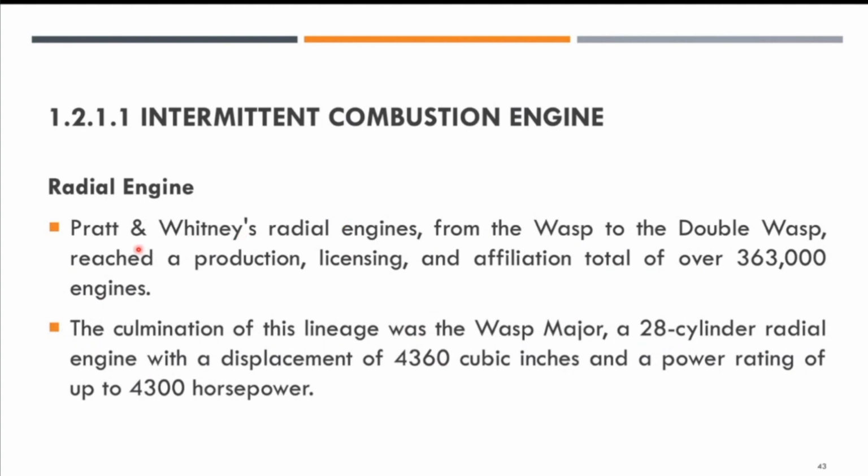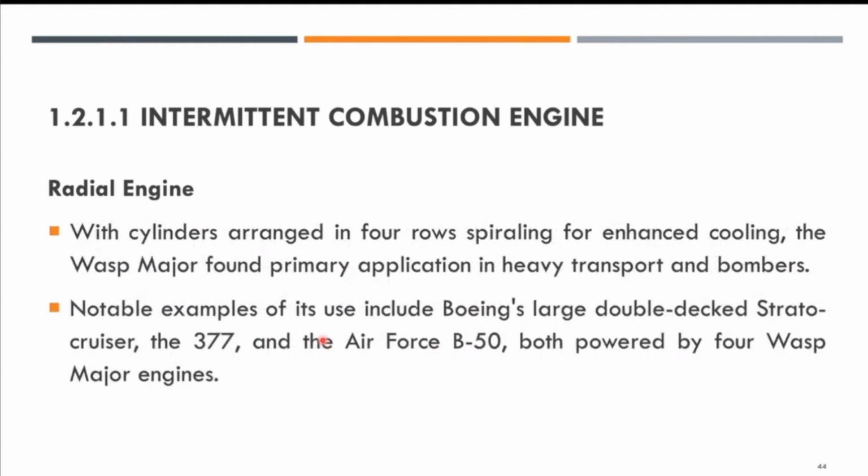The P&W radial engines from the Wasp to the Double Wasp reached a production, licensing, and affiliation of over 363,000 engines. So it was quite popular in the 1930s and 1940s, and quite a successful type of engine. With cylinders arranged in four rows, and the more modern ones spiraling for enhanced cooling, it can be found primarily in heavy transport and bombers.